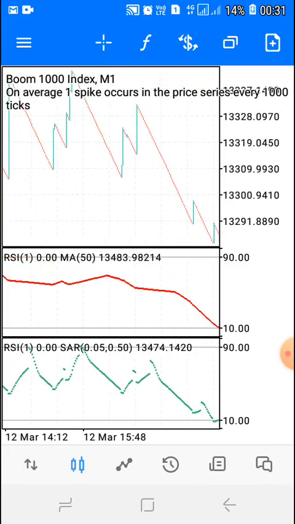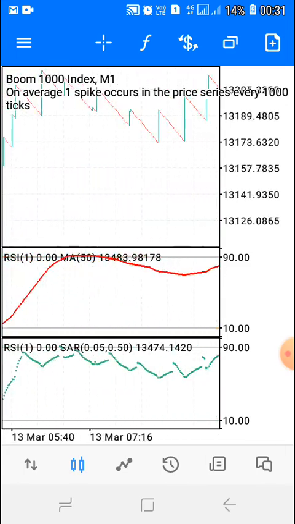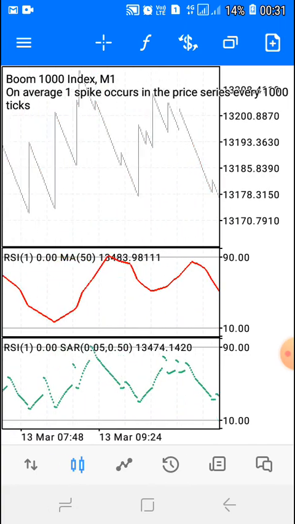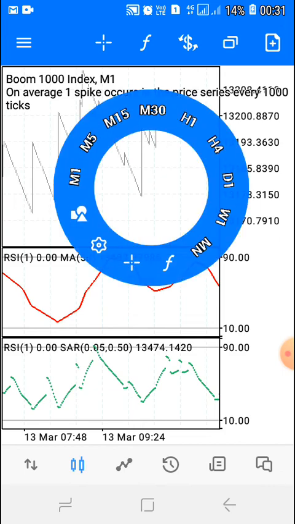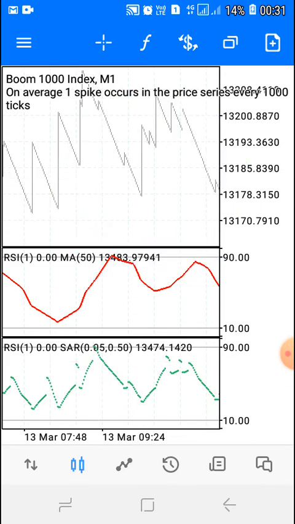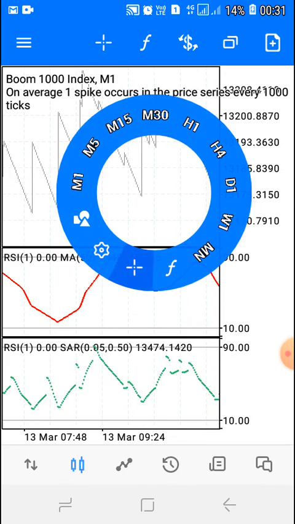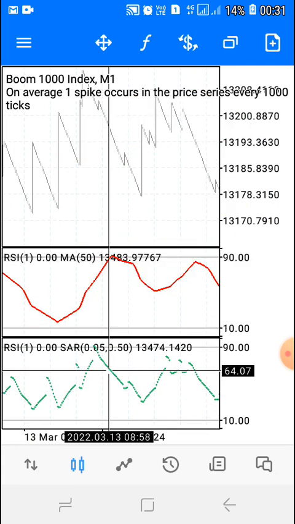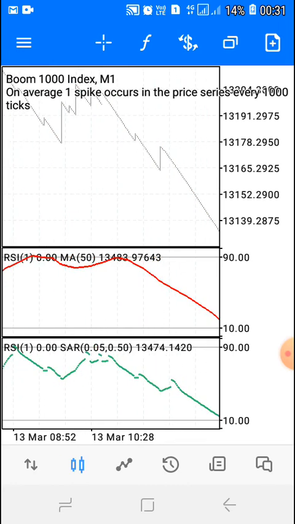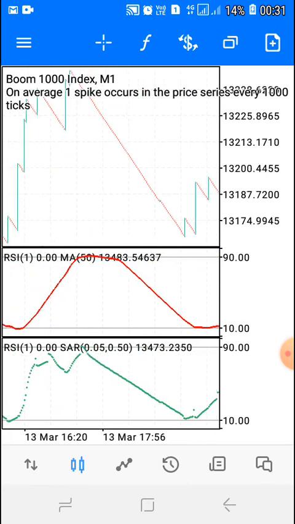It's very, very important, because if you just use the parabolic SAR without the moving average, it's the same thing like I told you guys the first time. You need to use a lot of indicators with price action, right? Because you can't just focus on the parabolic SAR and price action. But if you add the moving average with the parabolic SAR plus price action, then the strategy will be a lot better.